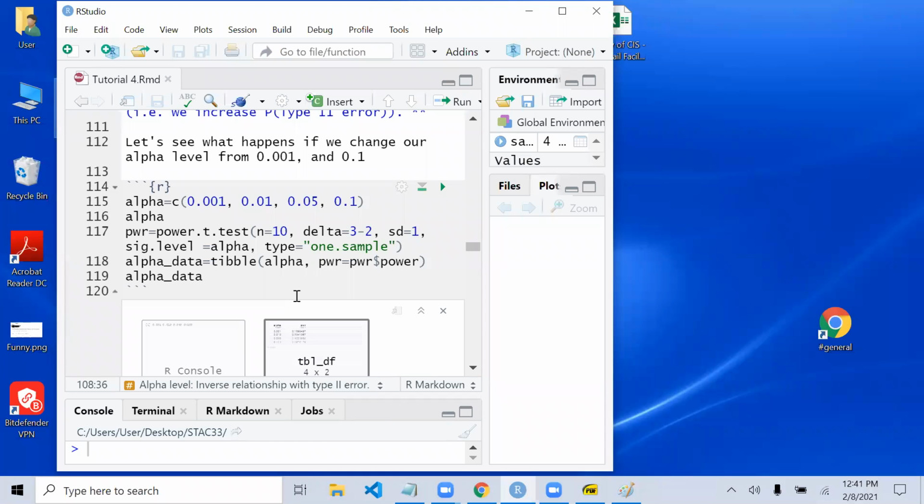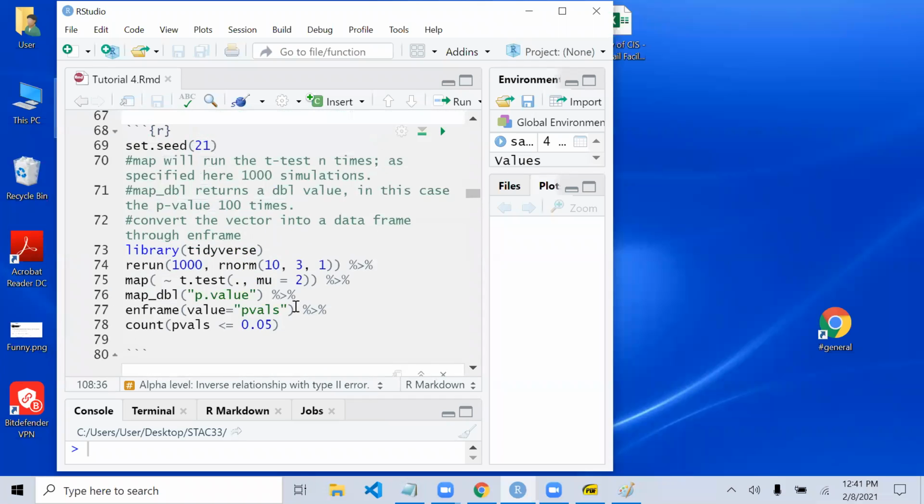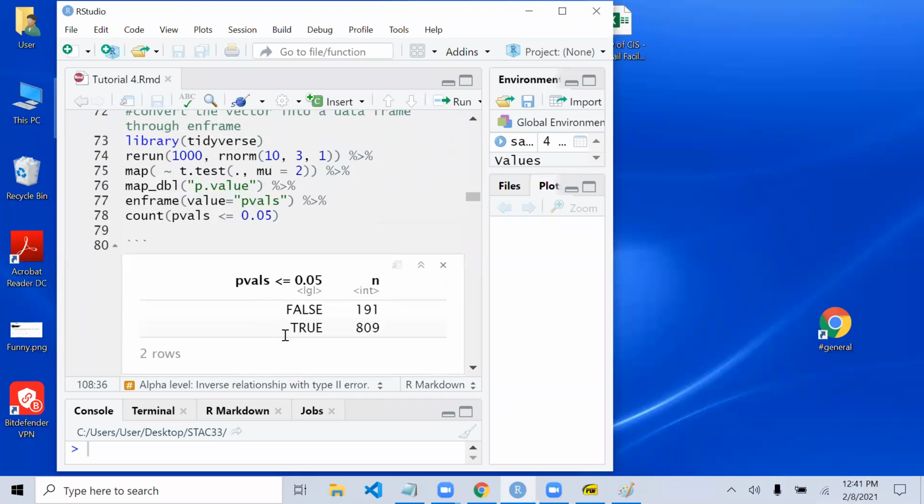So I'm going to get 4 different powers that are a function of how the alpha level is changing, right? Because if you remember this test up here, what we were doing is comparing the p-value we obtained to the alpha level here. So instead of a default of 0.05, now you're going to have 0.001, and 0.05, 0.1. You can imagine that when this alpha is getting smaller, the proportion of times you see true is also getting smaller. So you're not going to see your p-value less than 0.001 too often.